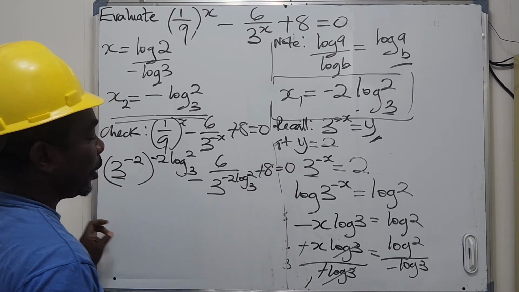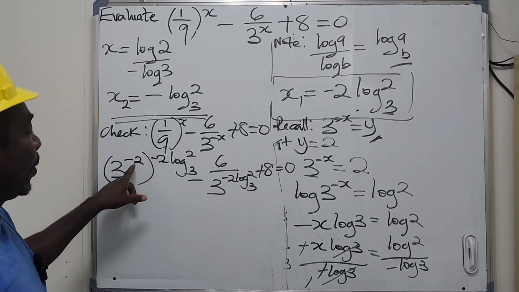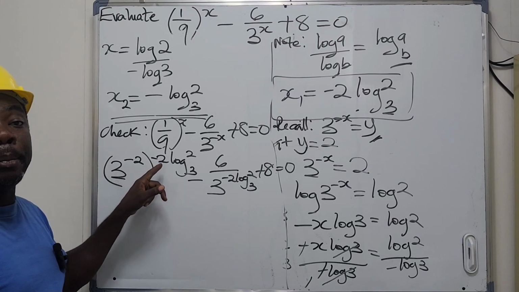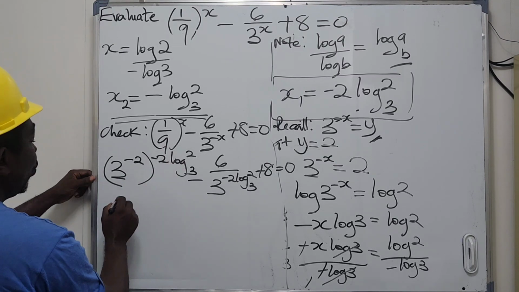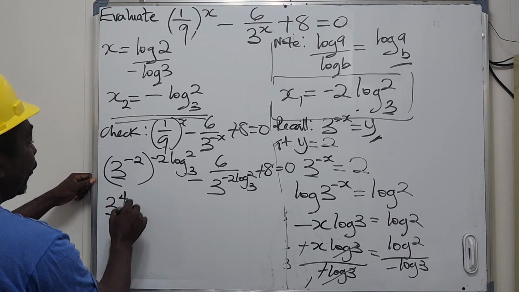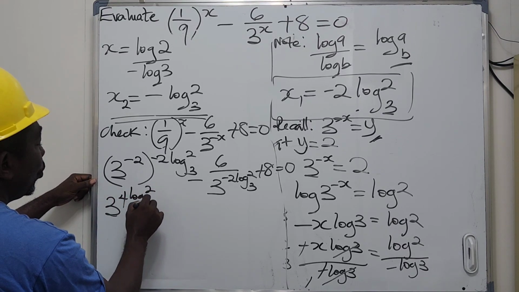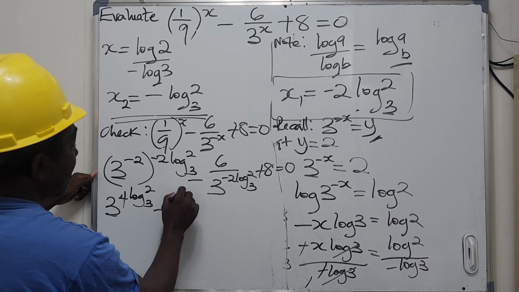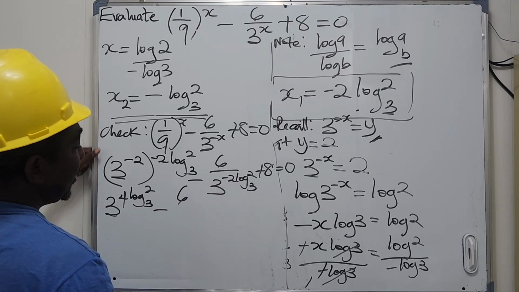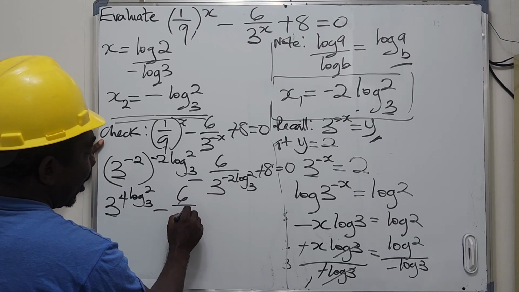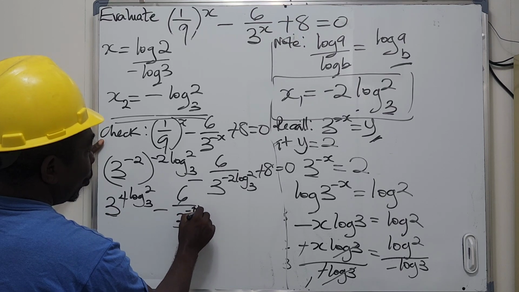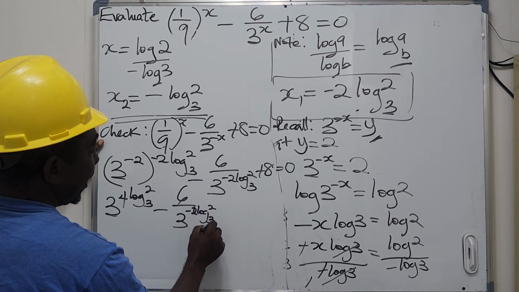Will this equal 0? Let's find out. We can see that we have minus 2 here and minus 2 here. When we multiply the two of them, it will give us 4. So this will become 3 to the power of 4 log 2 base 3, minus 6 all over 3 to the power of minus 2 log 2 base 3, plus 8.